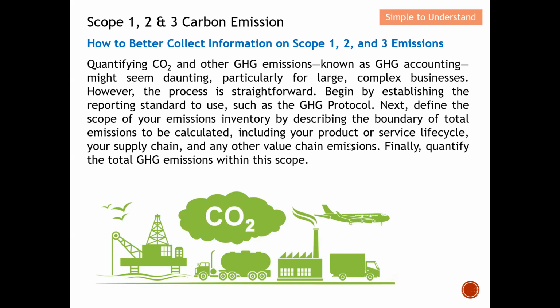Basically you can quantify what activities you want to monitor, and then have a boundary so as to continuously monitor and reduce the emission. Finally, quantify the total greenhouse gas emission within this scope. In short, you need to audit, monitor, and then finally see whether you meet the goal or not.